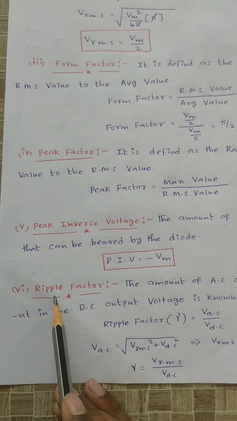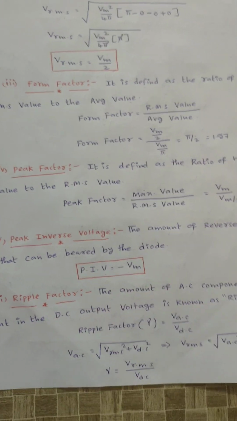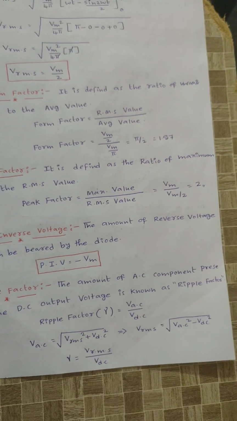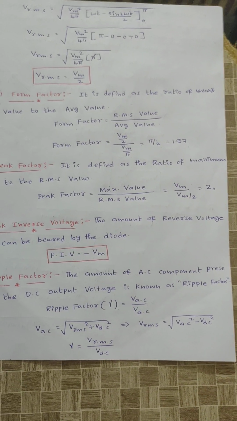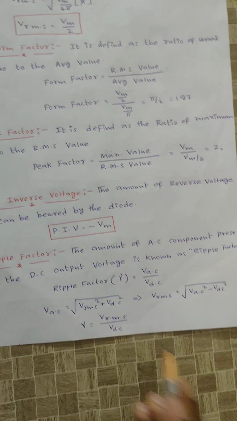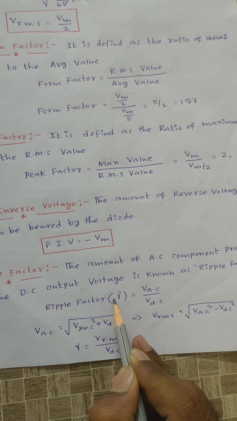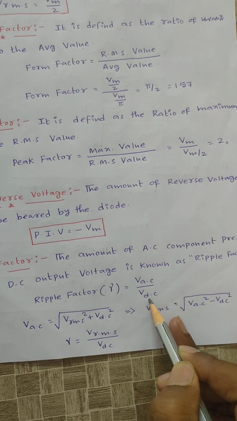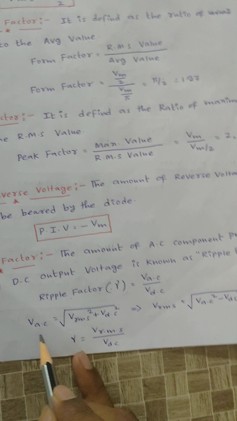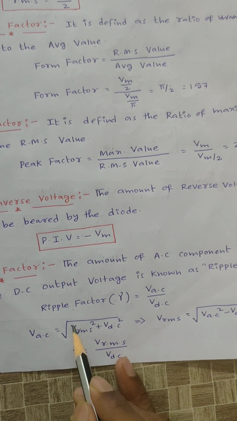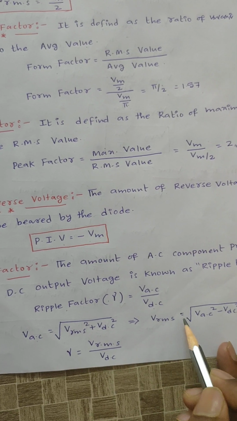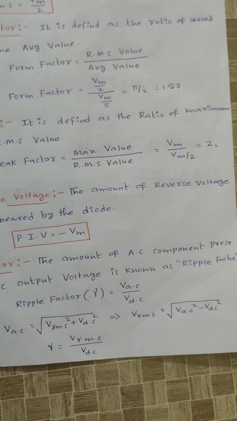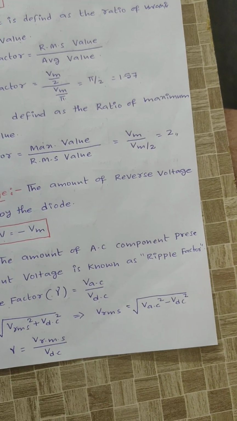Next, ripple factor. Ripple factor is the amount of AC component present in the DC output voltage. Ripple factor gamma can be written as VAC by VDC. Here VAC is equal to the square root of Vrms square plus VDC square, that is, Vrms is equal to the square root of VAC square minus VDC square.